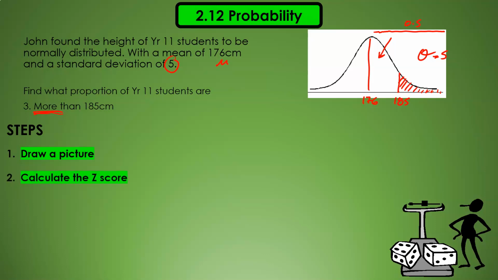So again, step 2 is calculate the z-score, which is 185 take away 176, which gives you 9 over 5, which is 1.8.